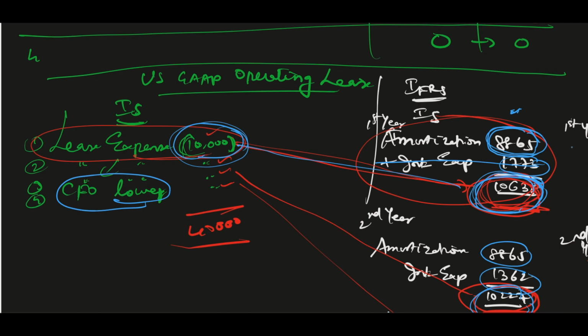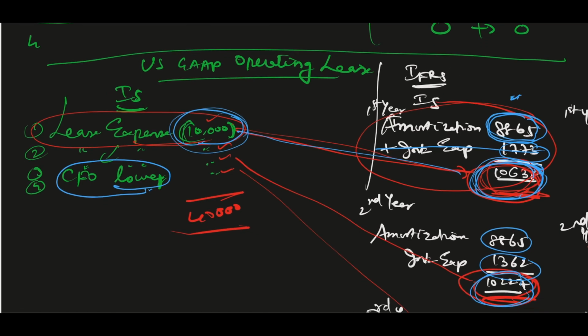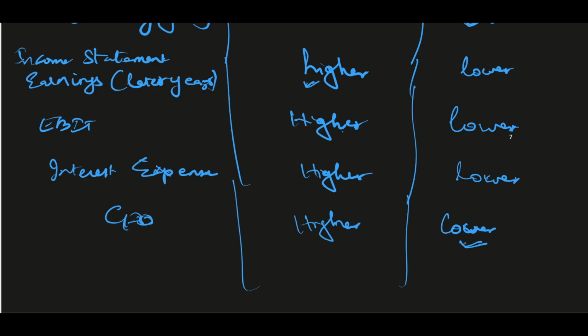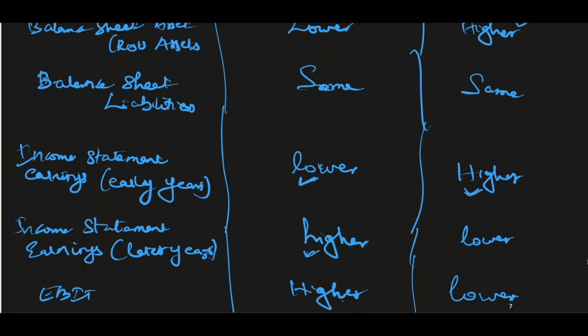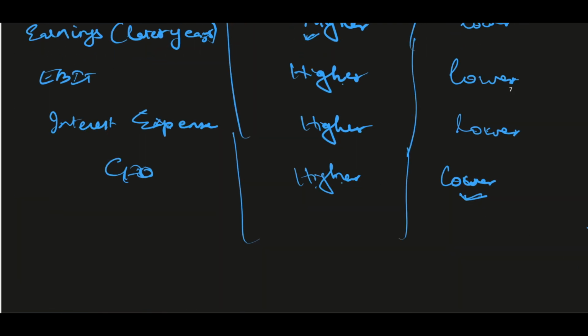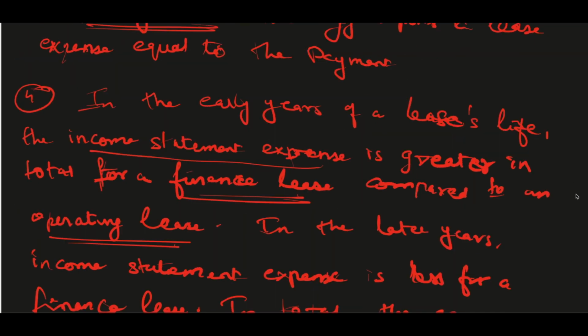You will have lower cash flow from operations. Okay, so this is for operating. And for finance it will be higher, because you are not going to show that in operations. You would rather show that in financing.